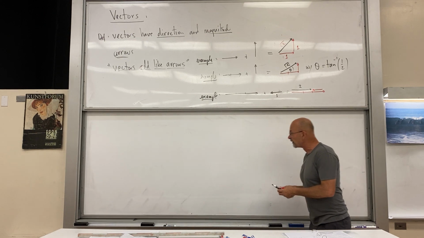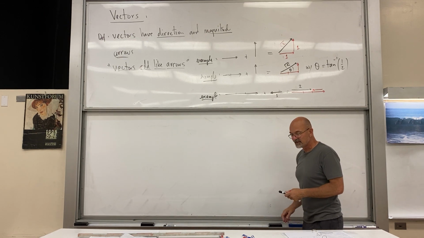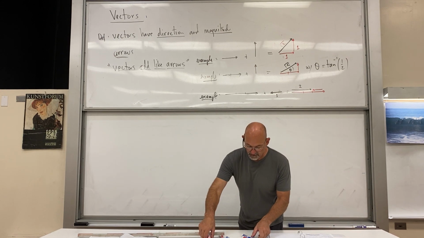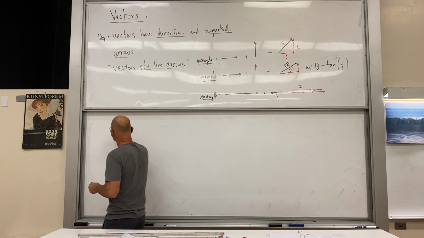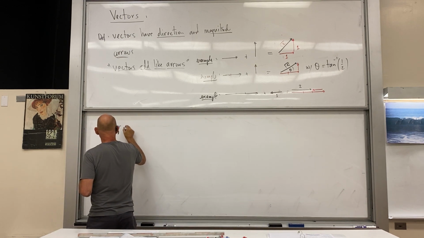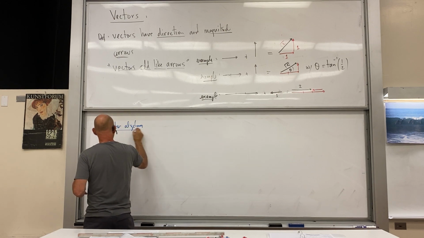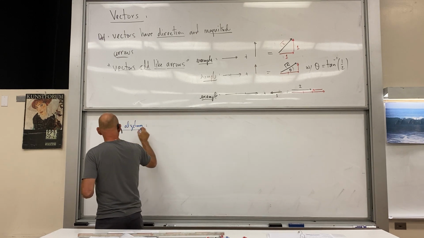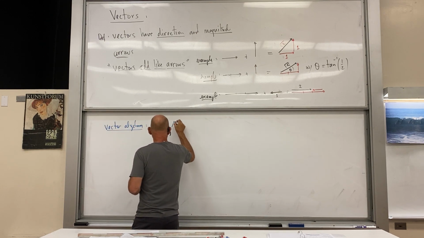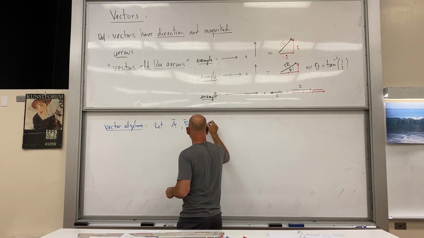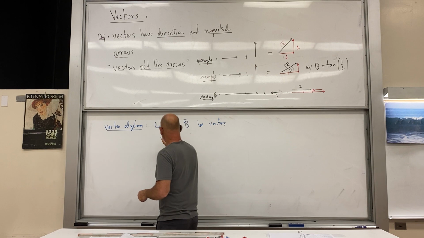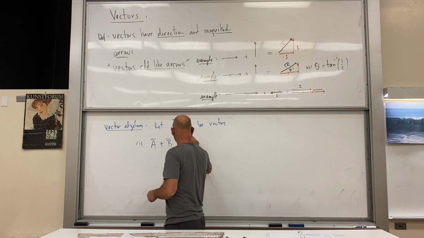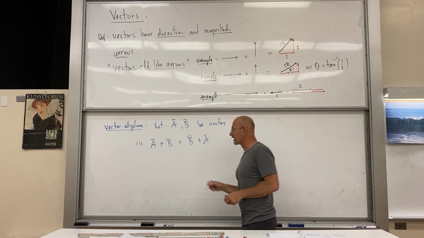So now I'll go a little more formal with this, just to give us the laws of vector algebra. Now that we know how these things work, let A, B be vectors, then we have A plus B equals B plus A. So the order that you add them doesn't matter.